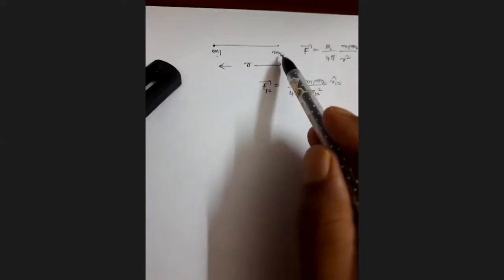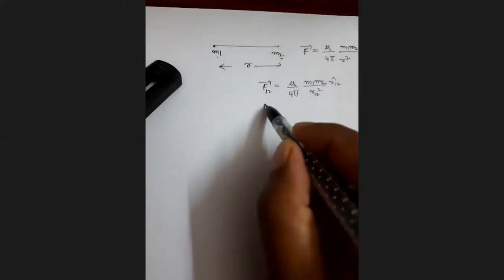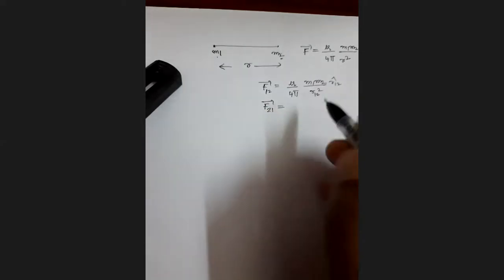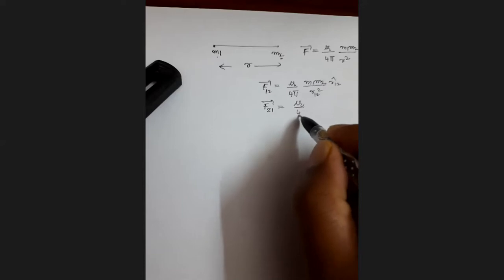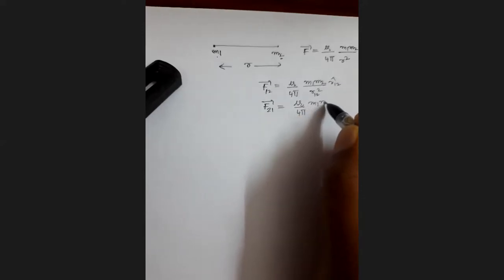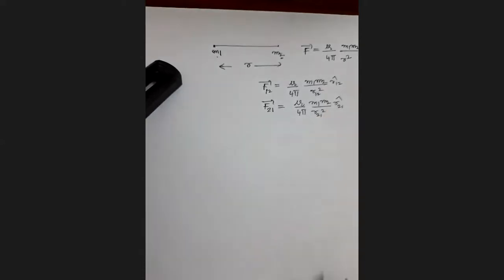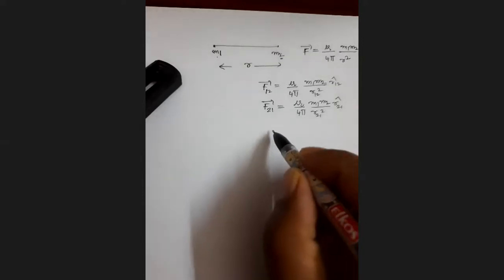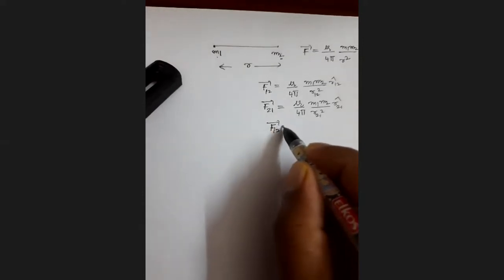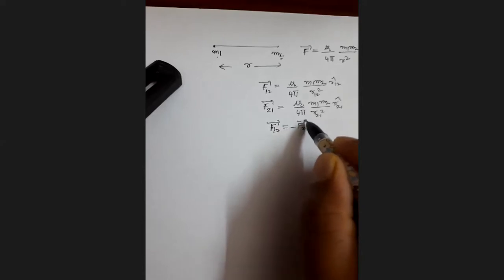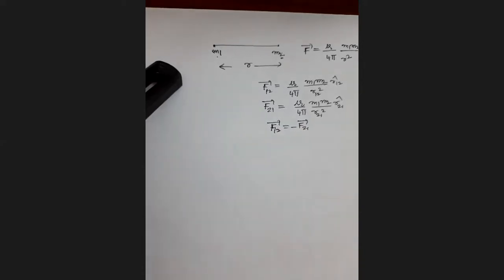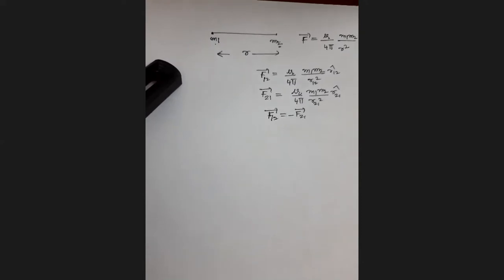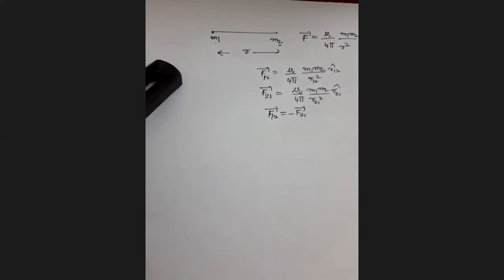The force exerted by M2 on M1, you can write F21 bar is equal to mu naught by 4 pi M1 M2 by R21 square into R21 cap, where R21 cap is the unit vector along R21 bar direction. Here F12 bar equal to minus F21 bar, right? So this is similar to an action reaction pair, right? So this is about Coulomb's inverse square law.